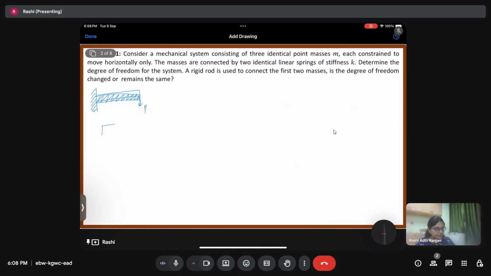We considered it as a mass connected by a spring, and then we applied a force P, and the deformation of the spring was modeled as delta, the deflection of the beam.